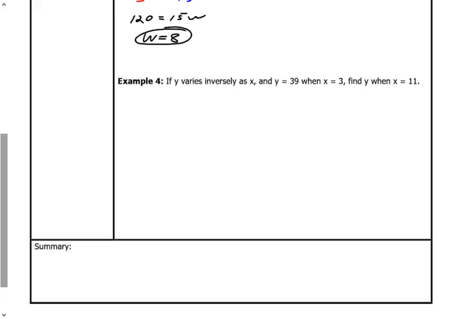Let's see. Find y. So my first proportion is 39 over y. And then when x is 3 and y is 11, I'm going to do 11 over 3. And notice I flipped that around.